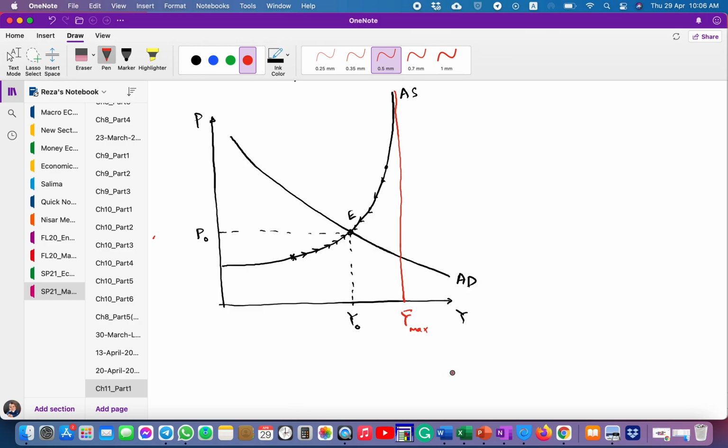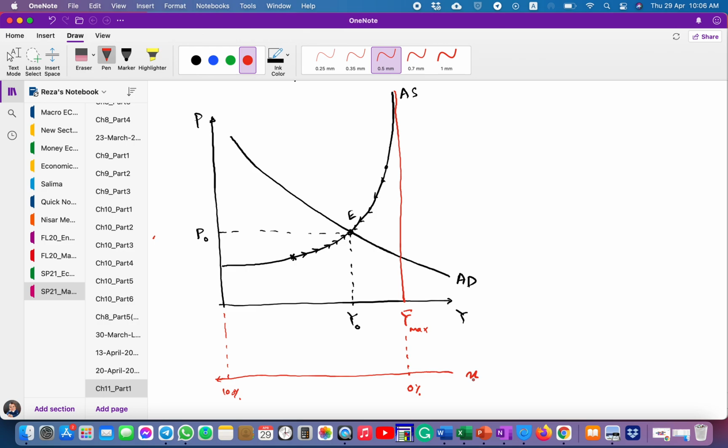So if I can show you the unemployment rate, the third factor, like this, here we have 0% unemployment rate, and here we have 100% unemployment rate.